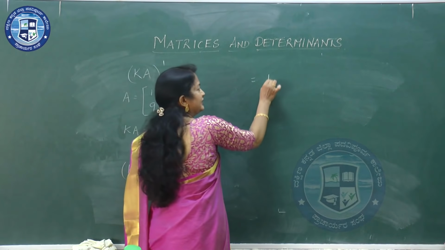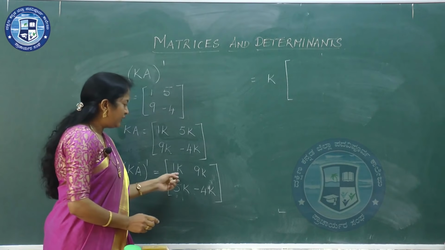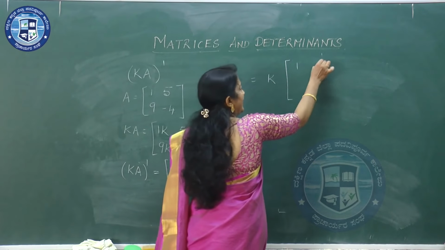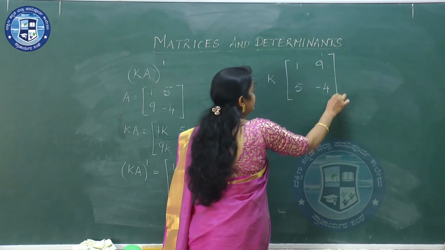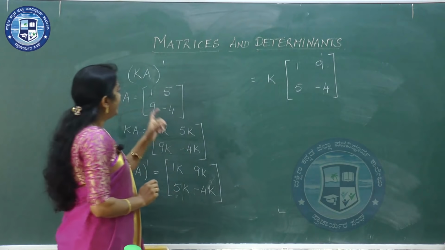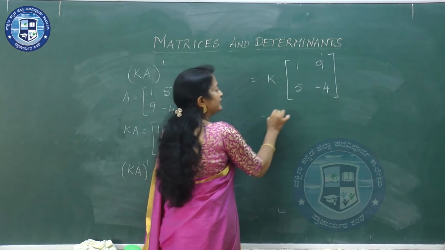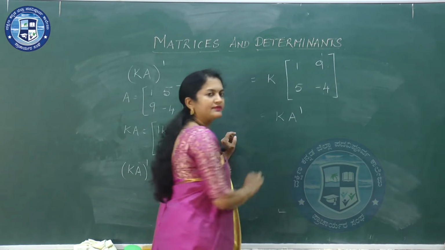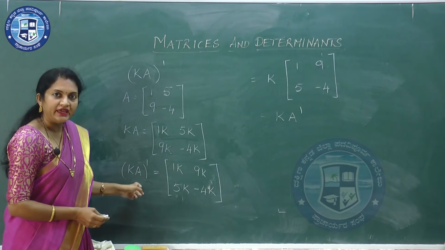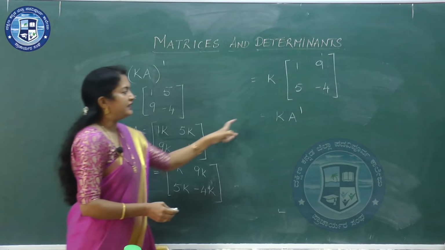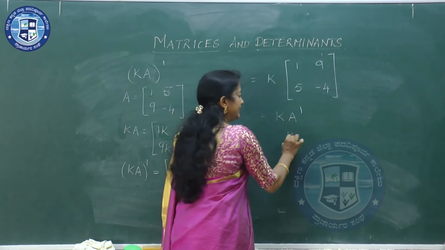We can also write it as k into, by taking out the scalar, 1, 9, 5, minus 4. 1, 9, 5, minus 4 is nothing but A transpose. So kA whole transpose is equal to k times A transpose.